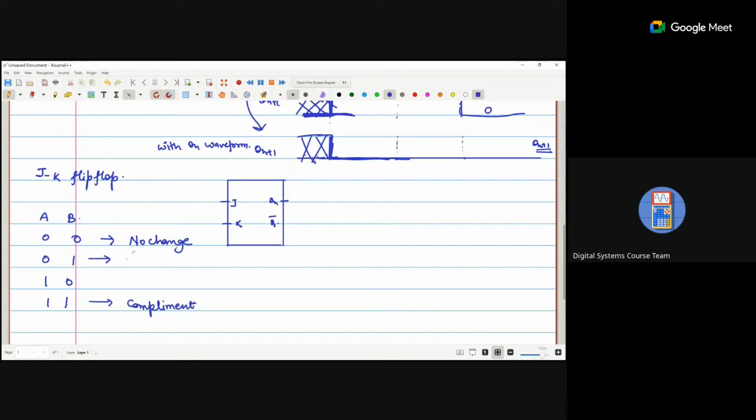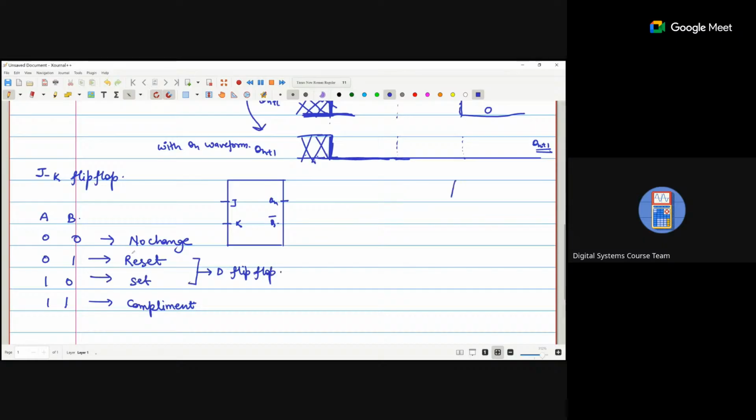This one is reset, and this one is set. So if we take these two, we can design a D flip flop. Why?